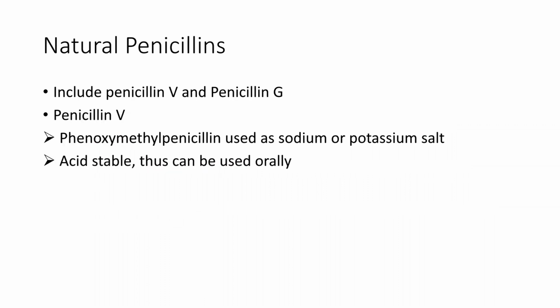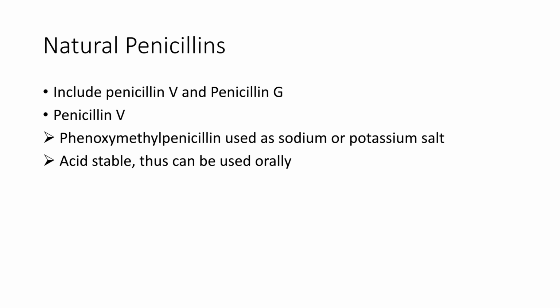So now we'll talk about the different groups of penicillin. Natural penicillins, right? They are naturally formed penicillins, from the Penicillium notatum fungus. There are 2 types of penicillin, penicillin V and penicillin G. Penicillin V is also known as phenoxymethyl penicillin, the oral penicillin. It's available as sodium salt or potassium salt, and it is acid stable.